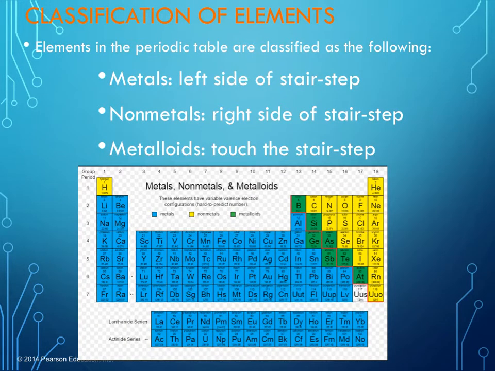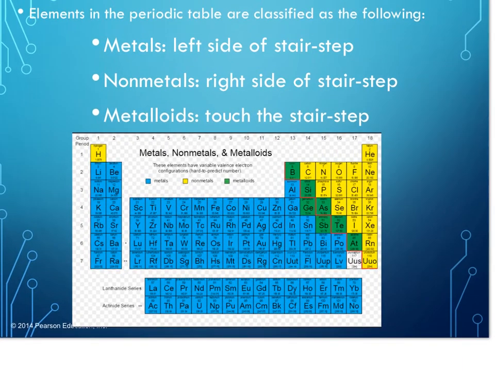What am I talking about? The metals lie to the left of the stair step. So here's the stair step. The metals are everything to the left of that stair step. So obviously there are a lot more metals than nonmetals.